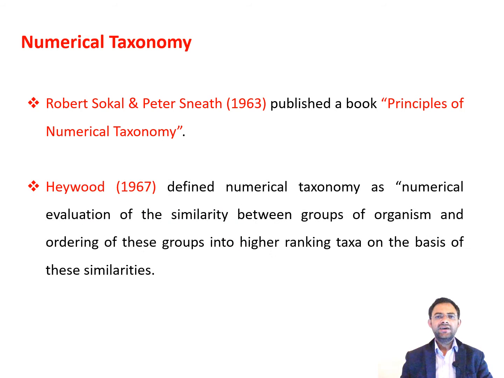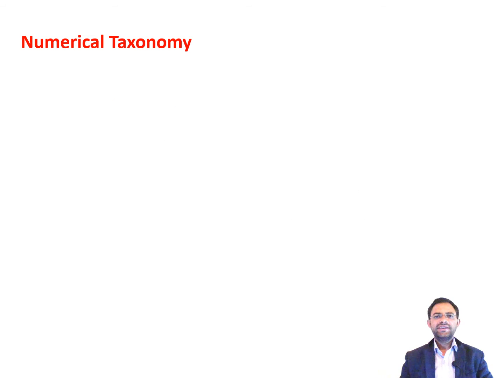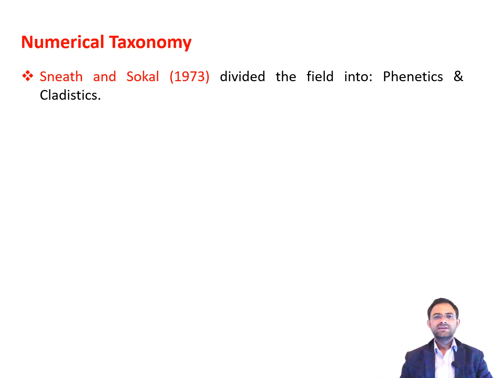After that, in 1967 they defined numerical taxonomy as numerical evaluation of the similarities between groups of organisms and ordering of these groups into higher ranking taxa on the basis of these similarities. Later in 1973, Sneath and Sokal divided the field into phenetics and cladistics.